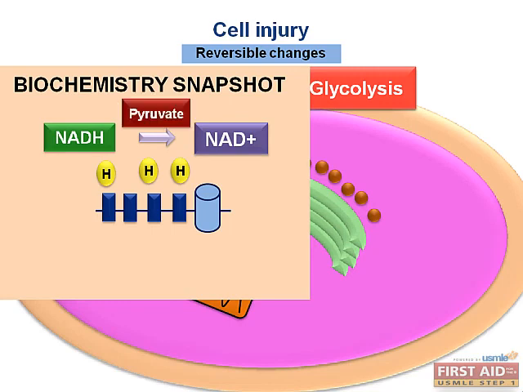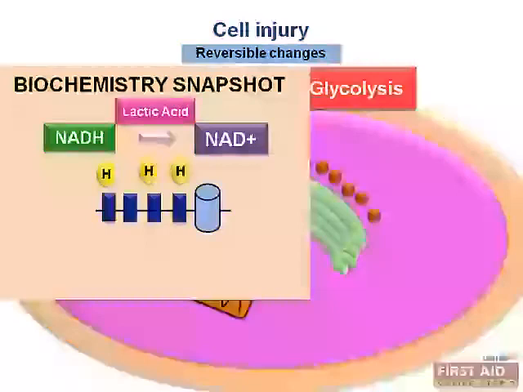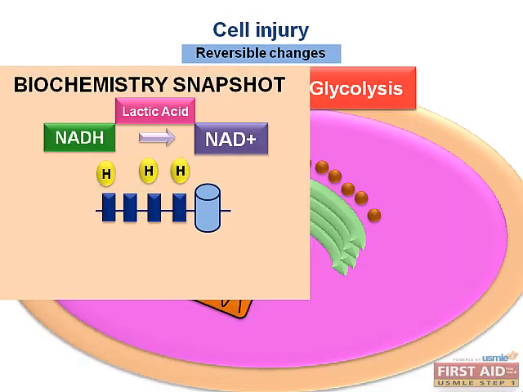When pyruvate actually gets converted into something, NAD+ is regenerated. What does it get converted into? Lactic acid or lactate. The problem with lactic acid is that it's an acid. Oh no. So that's why we get the drop in pH. So now it all makes sense. So we get NAD+ and we keep making ATP, but at the cost of acidifying the cell.